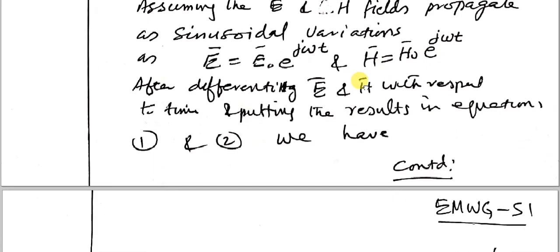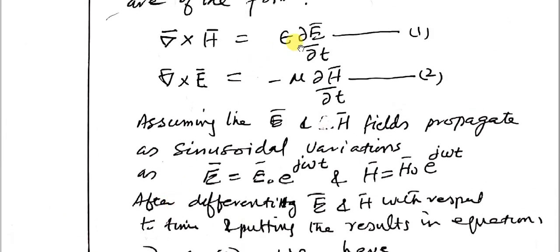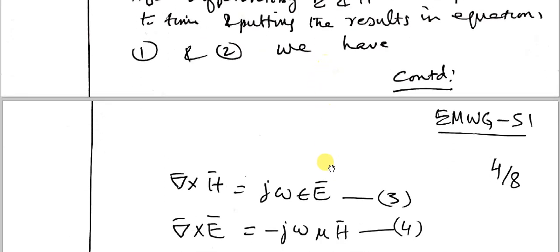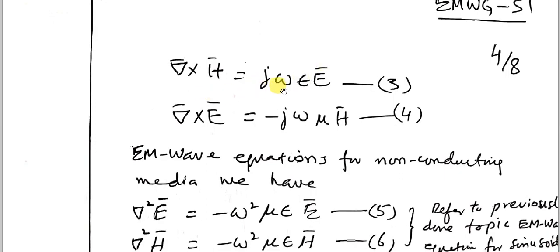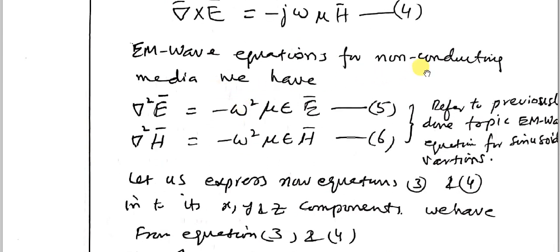Then, taking the differentials of E and H, we have the following equations: curl of H is equal to j omega epsilon E, and curl of E is equal to minus j omega mu H. Now the electromagnetic wave equations for non-conducting media are del square E equal to minus omega square epsilon mu E, and del square H equal to minus omega square mu epsilon H. Refer to the previous topic we have done on the electromagnetic wave equation for sinusoidal variation.